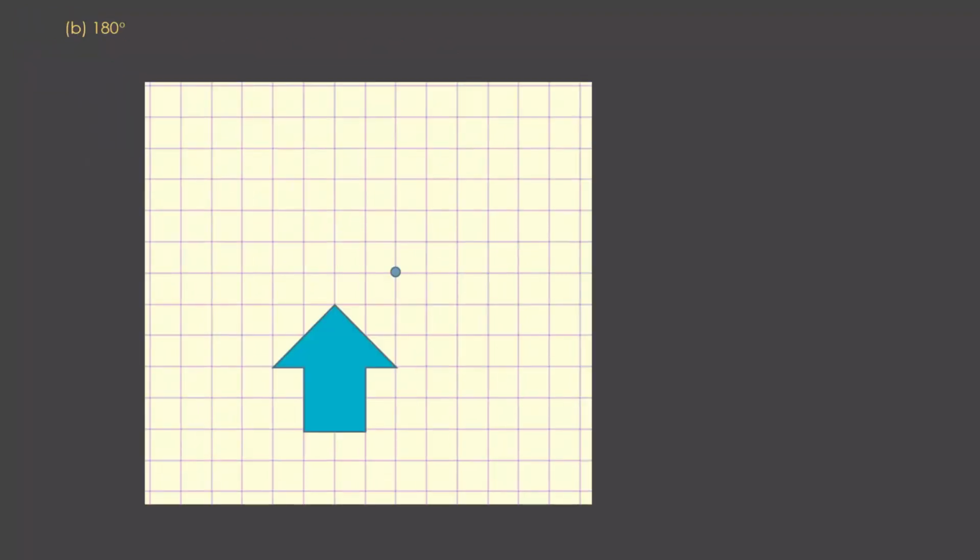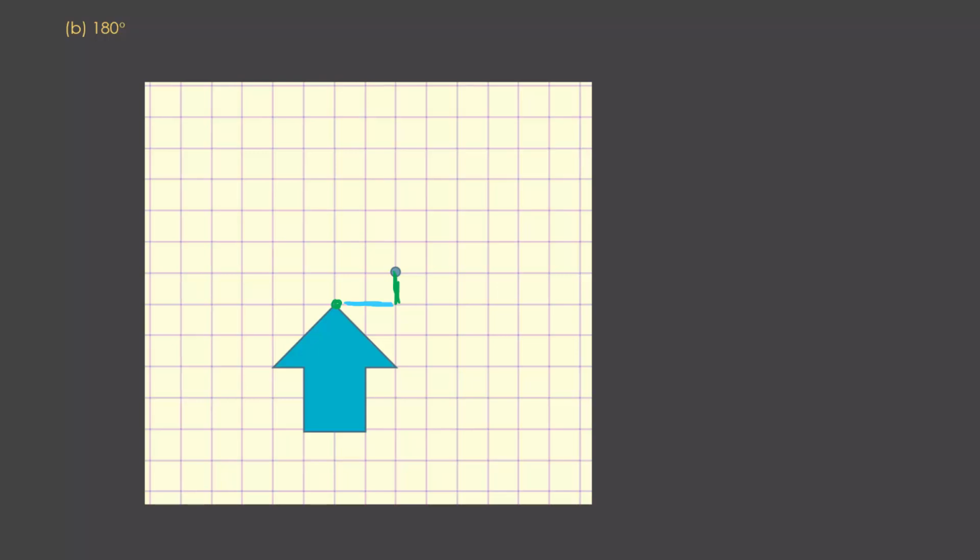So now we want to do a 180 degree rotation with this arrowhead. So I'm going to consider this vertex here, and I'm going to do an L shape, like so. And then I'm going to rotate that L shape 180 degrees.